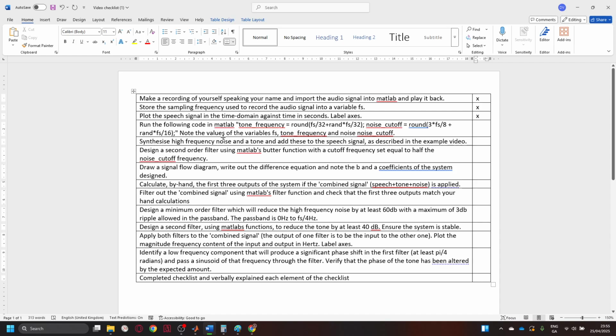The next step is to run the following code in MATLAB. It's the code for the tone frequency, so we're just going to copy and paste this one.